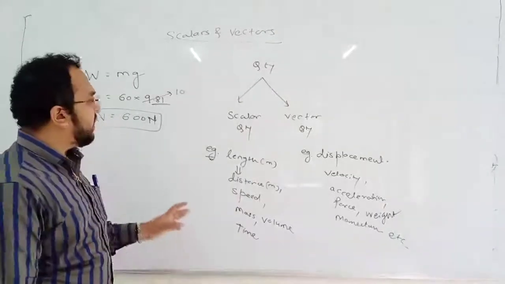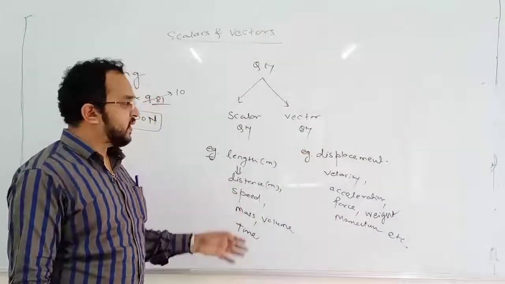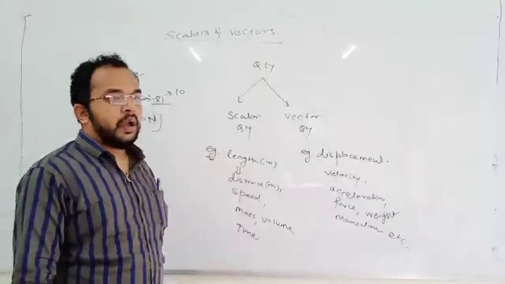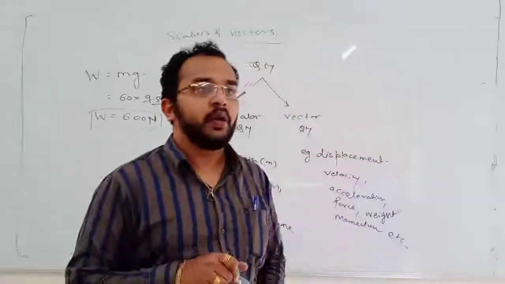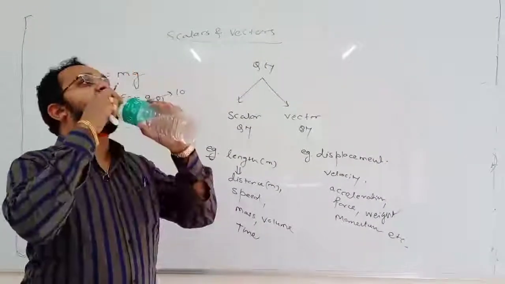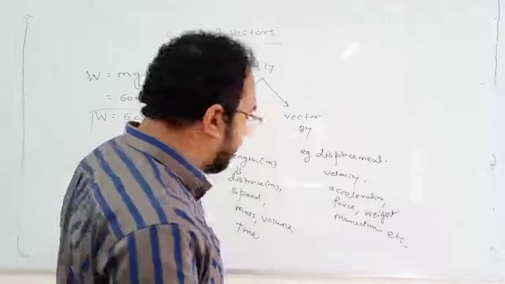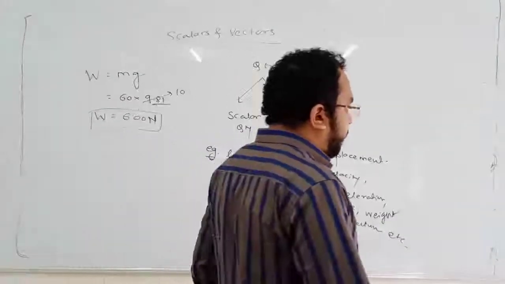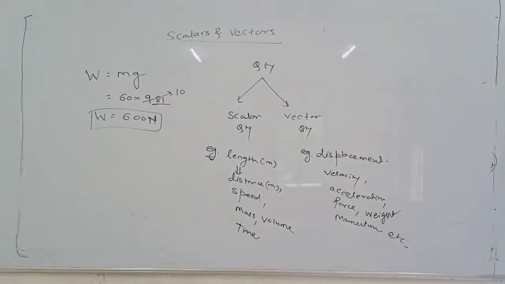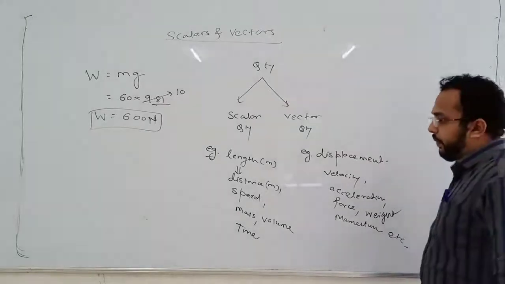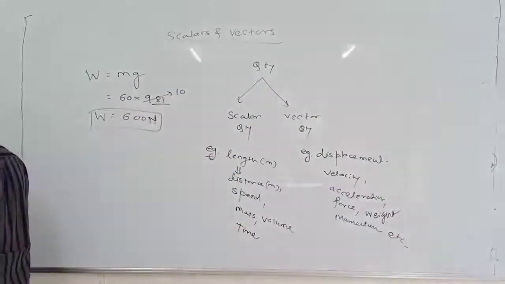So write down the definition of scalar quantity and the definition of vector quantity. First, scalar quantity. It is a physical quantity which has magnitude only.